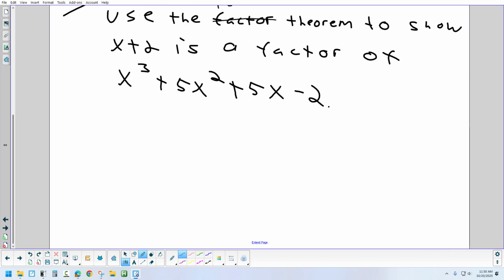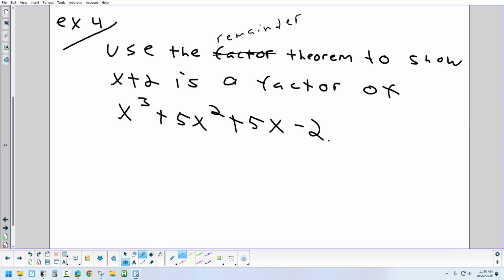So if x plus 2 is going to be a factor of that, what do I know would happen when I do division? I should get a remainder of 0. That's what should happen. So let's divide these. Well, we could divide them, right? That would take longer. Let's use the remainder theorem and see what the remainder would be.